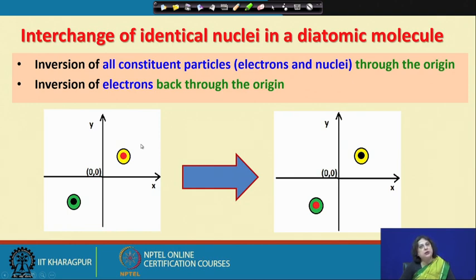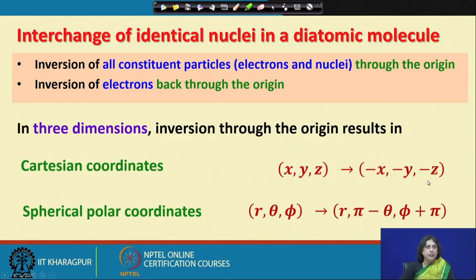So, this is a pictorial representation of what I mean by interchange of the identical nuclei in a diatomic molecule, which means that if to start with I had a configuration like this, I am going to go to a configuration like that as a result of the interchange of the identical nuclei.